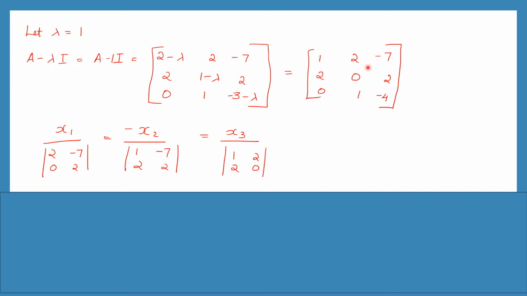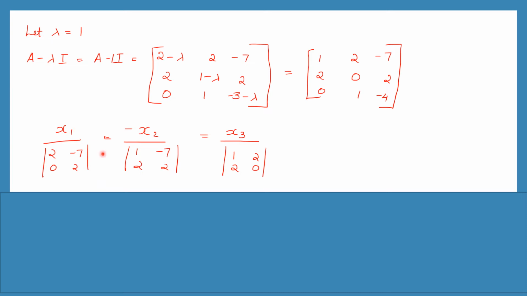The remaining matrix is 2 minus 7 0 2, equal to, the second we are having a negative term, that is minus of x2 divided by, so this is the x2 coefficient. So the remaining is 1 minus 7 2 2, determinant of 1 minus 7 2 2, equal to x3 divided by determinant of, this is x3 coefficient, 1 2 0 2 0 1 2 2 0.